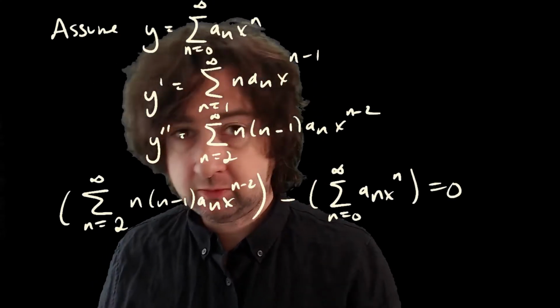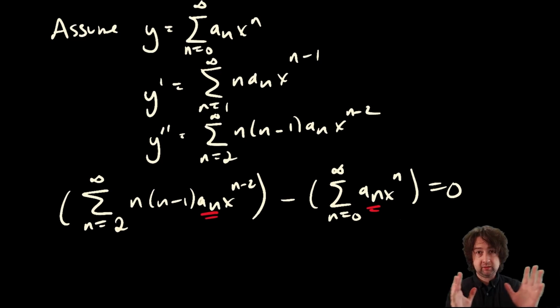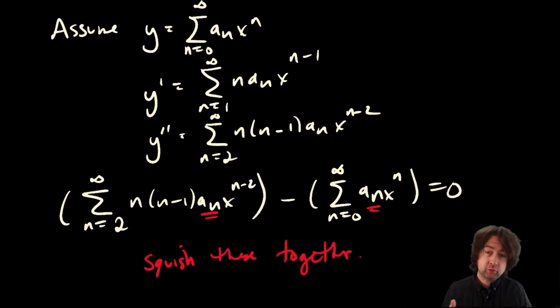And what I'd like to do now is try to combine these equations in such a way that I can get these expressions for a_n together. So I need to somehow squish these two power series together using algebra. There are two rules I need to follow in order to take two series and put them together. The first is the powers of the x terms need to match. That is, I need to be combining like terms.